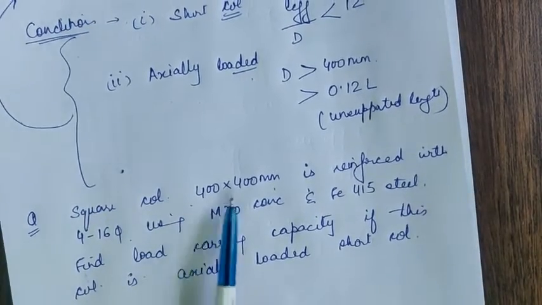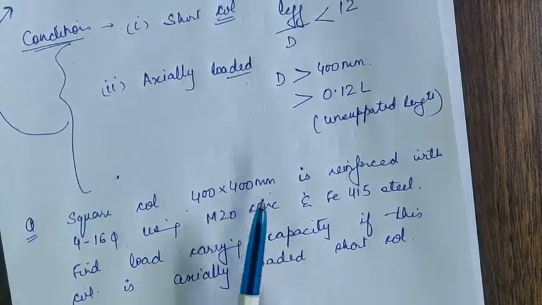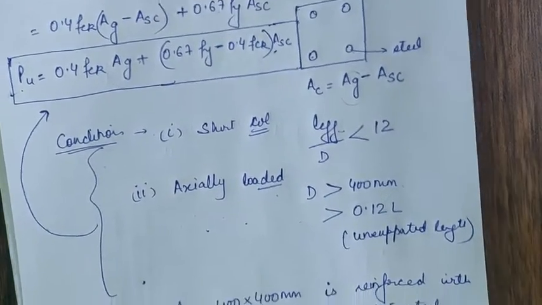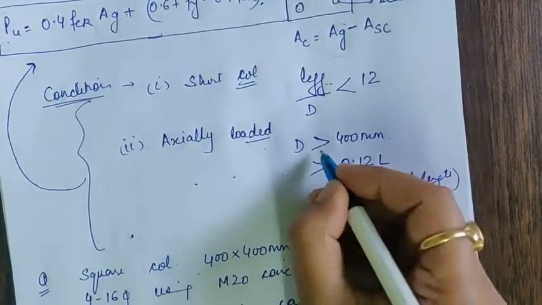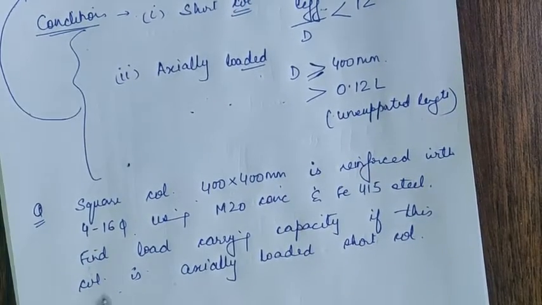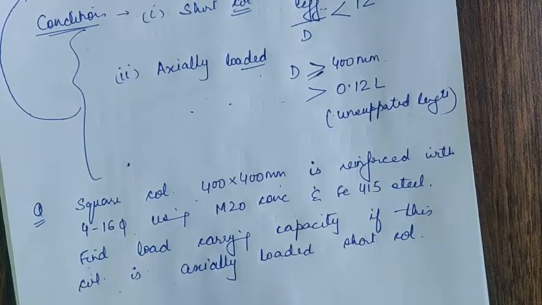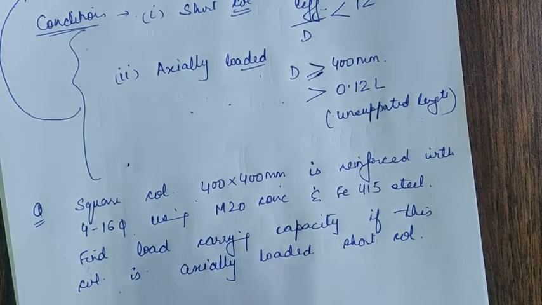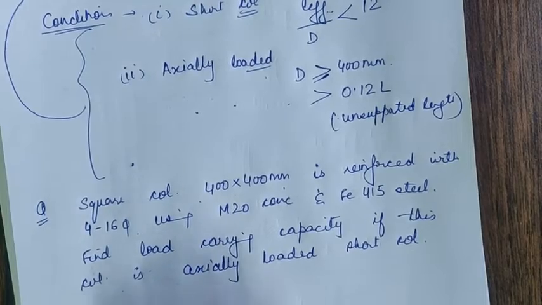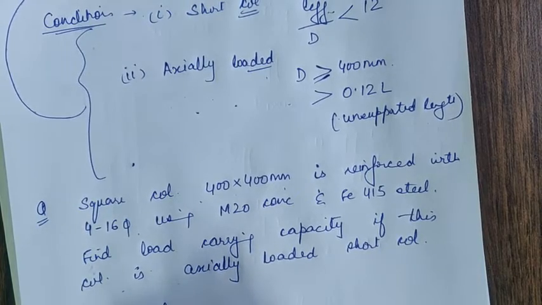Because in this question the length is not given, I cannot find out whether it is a short column or whether it is an axially loaded column. So it is directly given in the question that it is an axially loaded short column. So this question is extremely simple. The solution will be, I will find the ultimate load carrying capacity by using this formula.